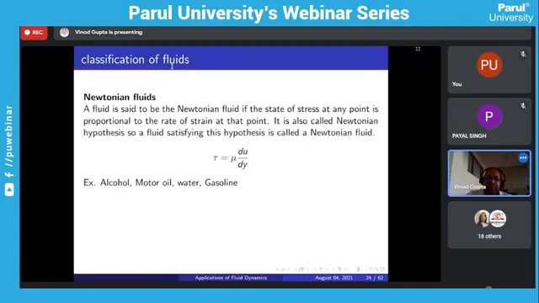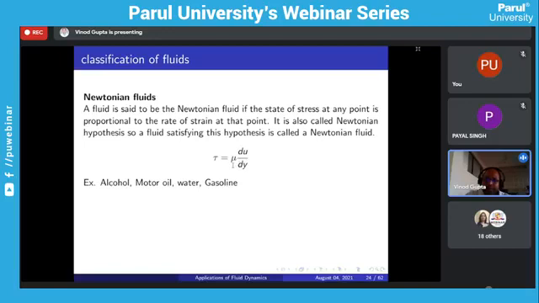A fluid is said to be Newtonian if the stress is proportional to the strain rate at any point of the fluid, where tau is the stress, mu is known as the dynamic viscosity, and du over dy is the rate of strain, meaning the velocity gradient in the perpendicular direction of the fluid.